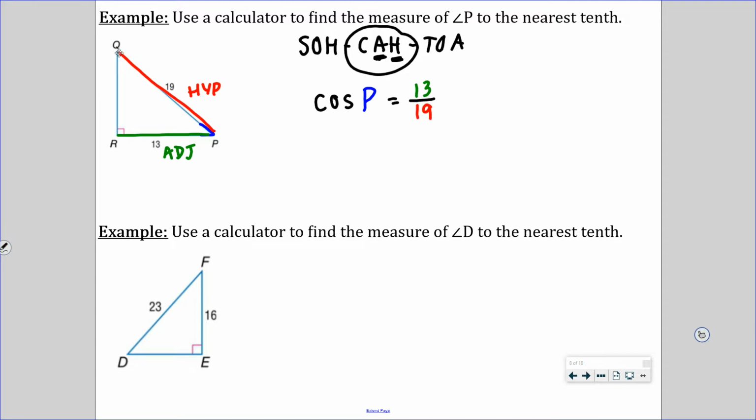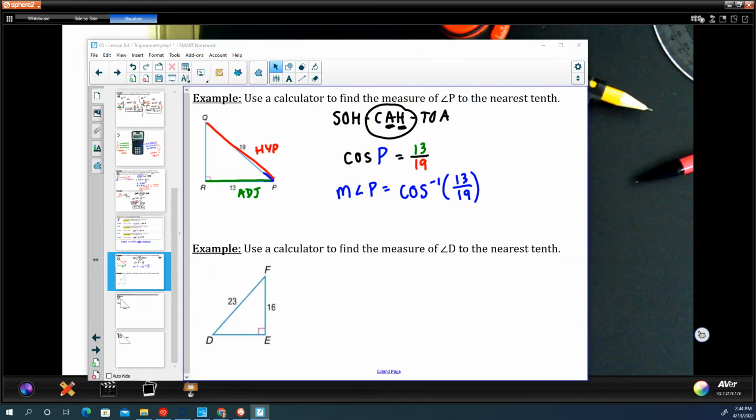The ones we solved last time, my unknown was in the ratio. This time my unknown is in the angle. So to find the measure of angle P, you use the inverse button and feed in that ratio. Let's try this together on our calculators.